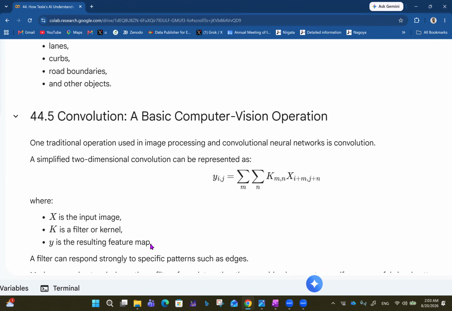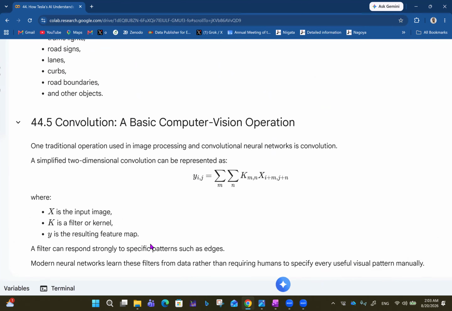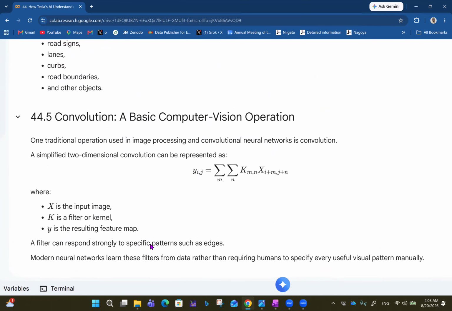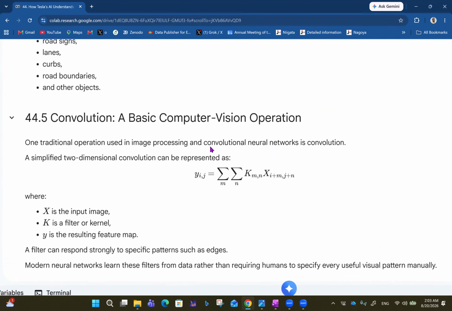Then we talk about convolution, which is a basic computer vision operation. One traditional operation used in image processing and convolutional neural networks is convolution. A simplified two-dimensional convolution can be represented as: y sub i,j is the summation over m, n of k sub m,n times x sub i+m, j+n, where x is the input image, k is the filter or kernel, and y is the resulting feature map.